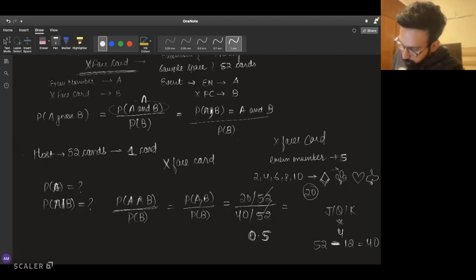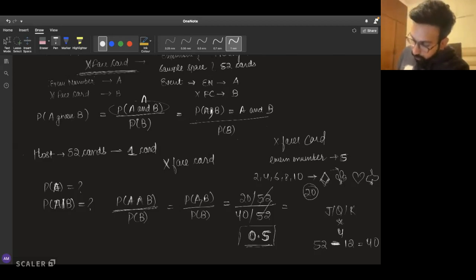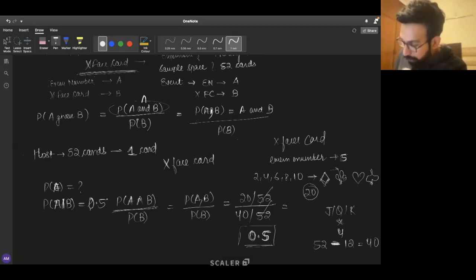So the probability of getting an even number given that it's not a face card is 0.5. What was it earlier? It would have been 20 by 52. 20 by 52 is definitely less than 0.5, and it makes sense.